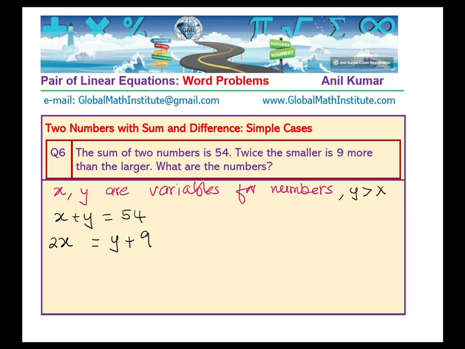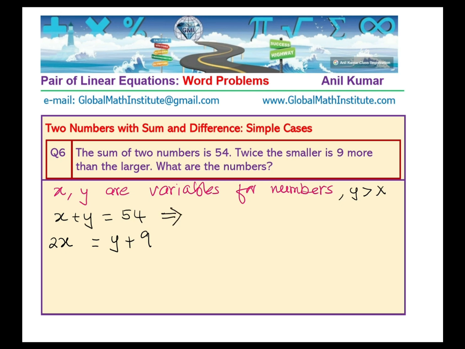Perfect. So we get our equation. Now, in this case, 2x equals y plus 9, and the first one is x plus y is 54.